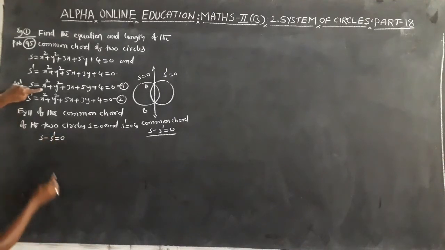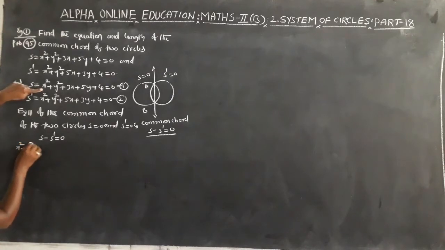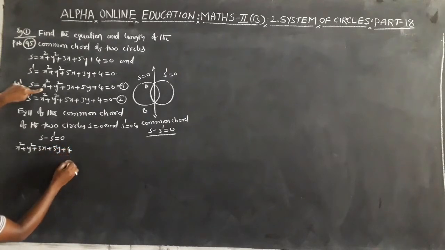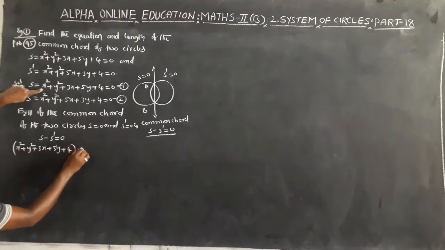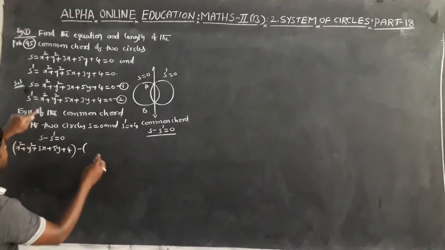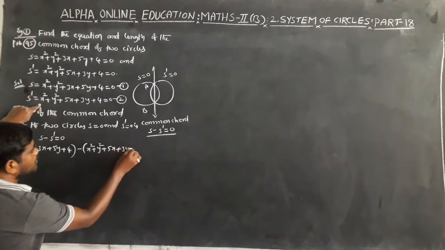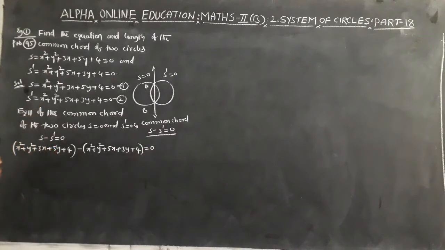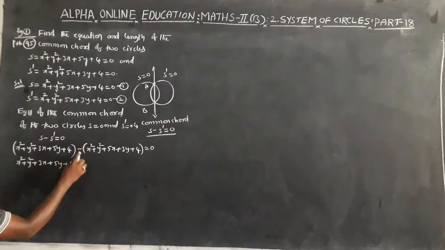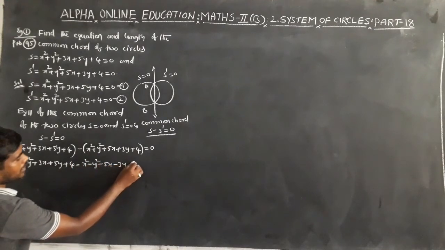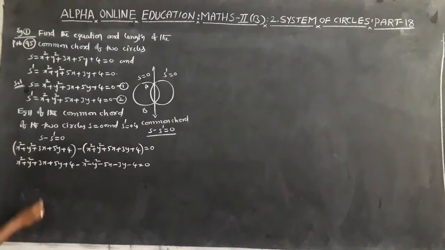S is x square plus y square plus 3x plus 5y plus 4 minus S dash. S dash is equal to x square plus y square plus 5x plus 3y plus 4 is equal to 0. X square plus y square plus 3x plus 5y plus 4 minus x square minus y square minus 5x minus 3y minus 4 is equal to 0.